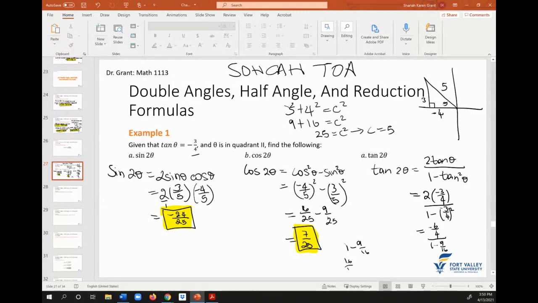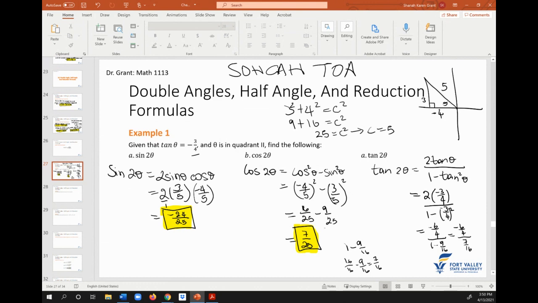So this will be 16 over 16. This would be 7/16. Very good. So we really have -6/4 divided by 7/16.